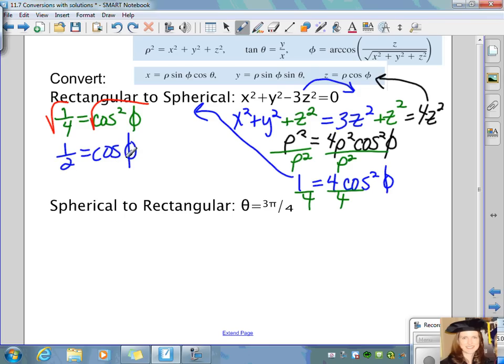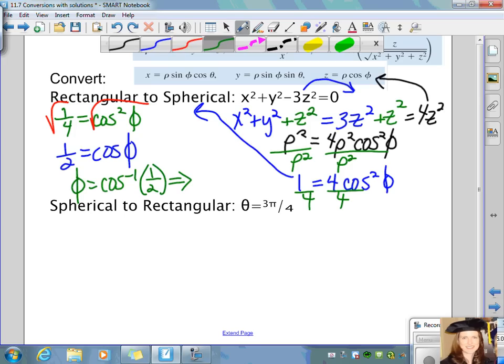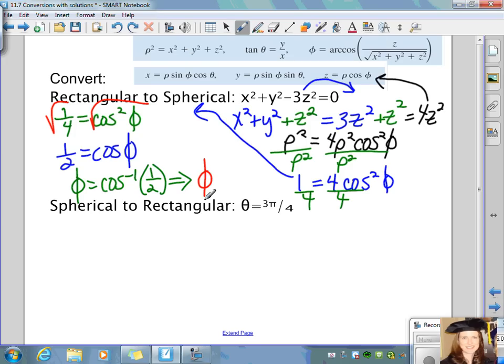Now you can solve this for phi using arc cosine of 1/2. Phi equals the inverse cosine or arc cosine of 1/2. And then when you simplify that, you get the equation phi is equal to pi over 3.